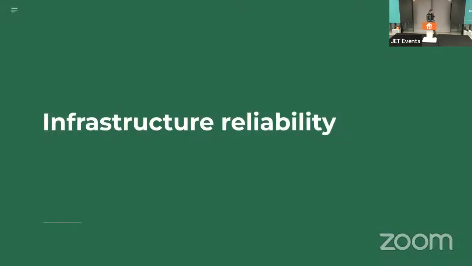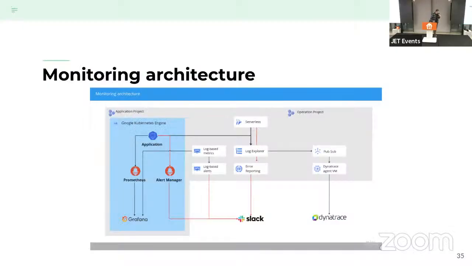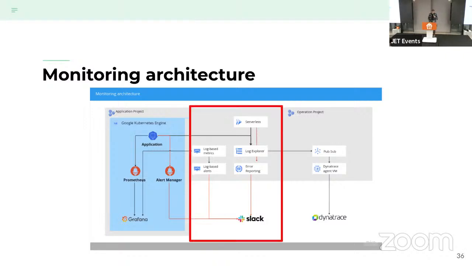So let's delve into the reliability part. What you can see here is our monitoring architecture. The Google observability toolset helps us with error-based alerts, error notifications, logging, and integration to Slack.